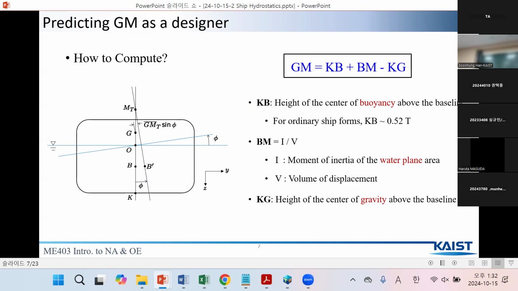BM is something like this. And volume of displacement is constant. You already know it is the same as the total weight, right? Total weight is changing when there is cargo loading and unloading. But once loading is finished and the ship is leaving from the port, then everything is stable, constant.